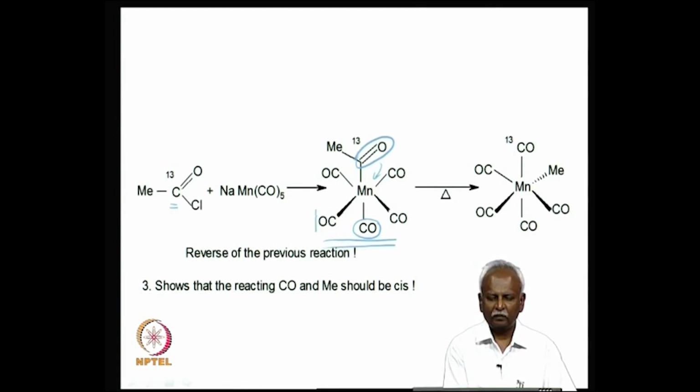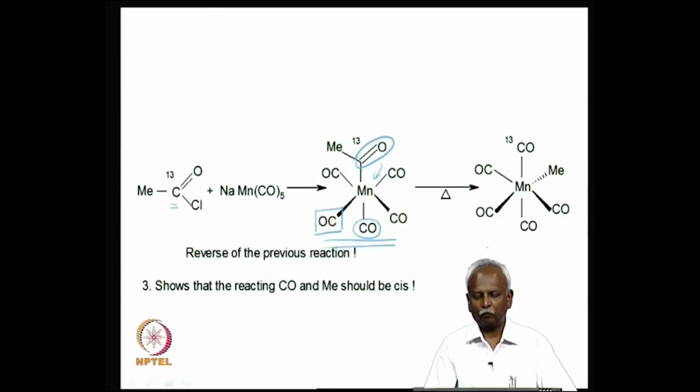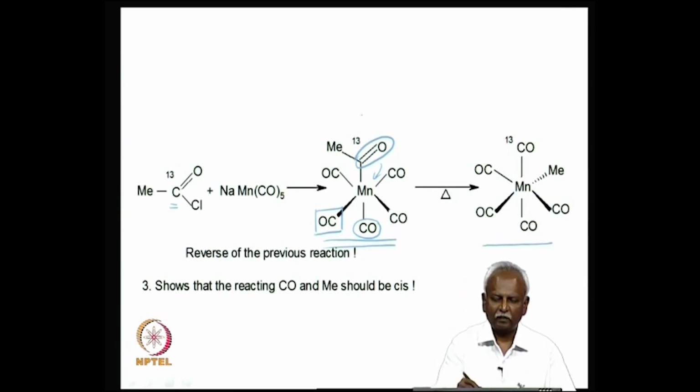It could have been either one which is cis to the acetyl group, which I am marking as a square, or it could be one which I have marked as a circle, and exclusively the product that was formed turned out to be the one where you had loss of a carbon monoxide on the cis position to the acetyl group. So, one of the carbon monoxides which I have labeled as a square should have left, and the methyl group must have migrated to the manganese. So, let us just write this out.